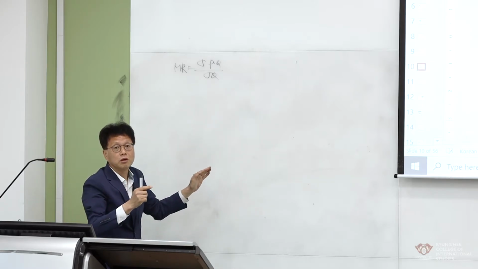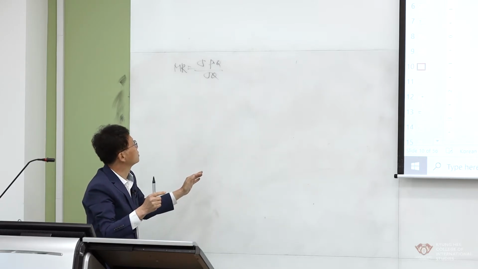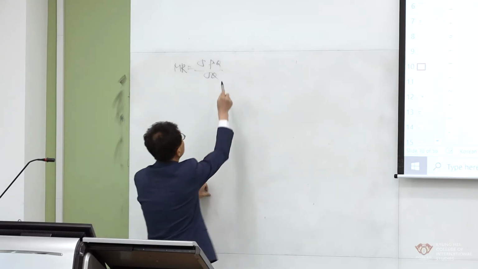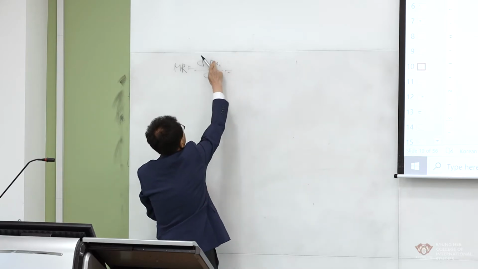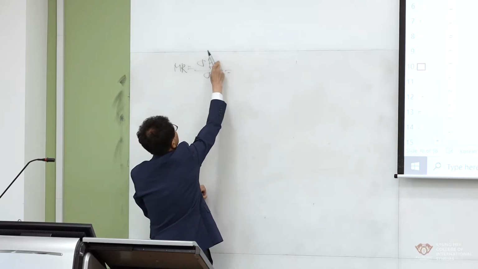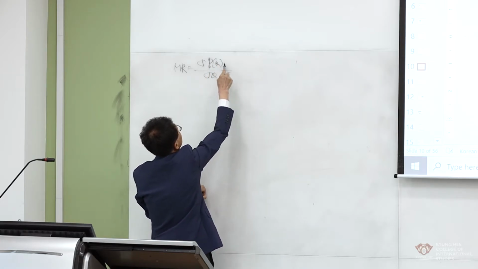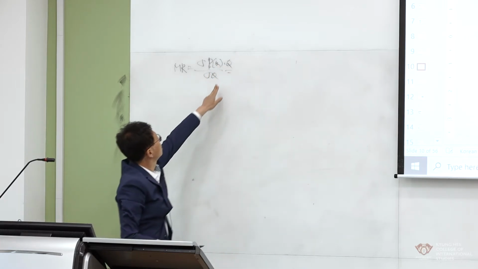But not anymore. When the market is not perfectly competitive, price is also a function of Q. More exactly, price is not constant, it is now variable. So that is a function of Q multiplied by Q.